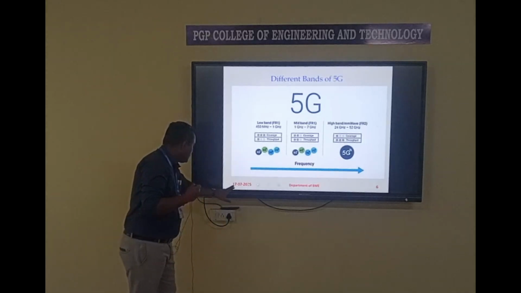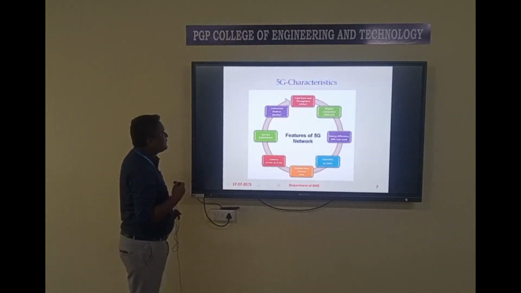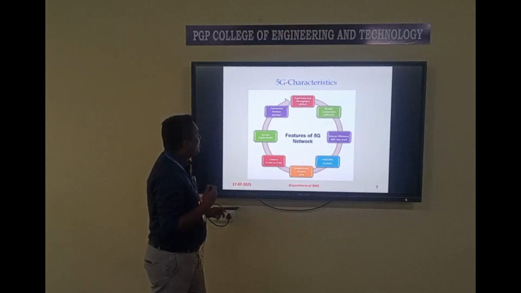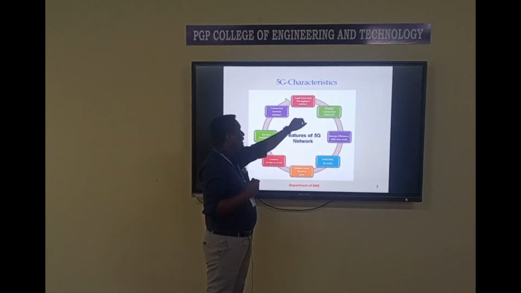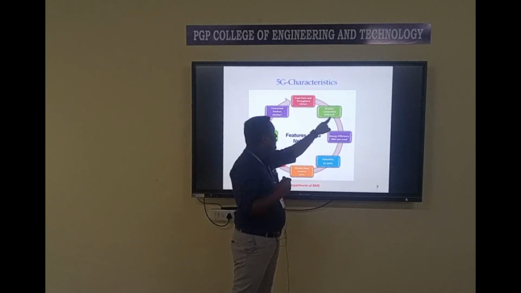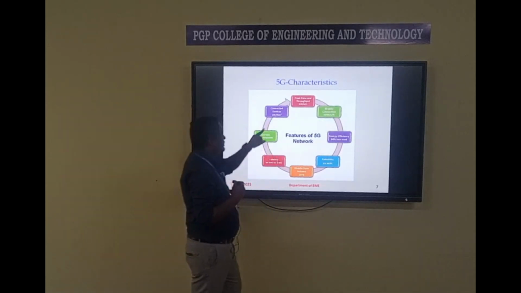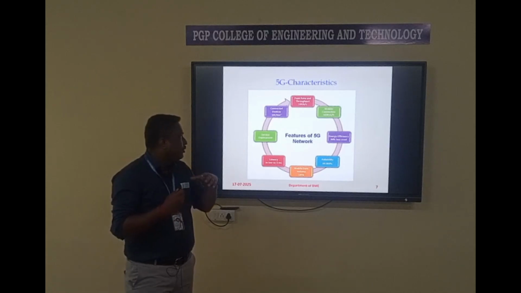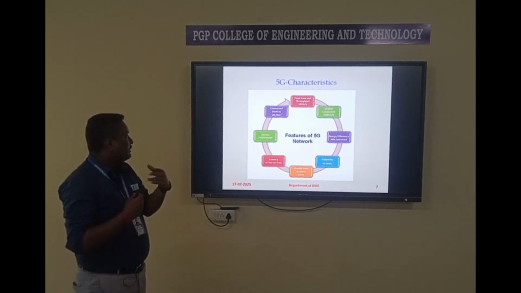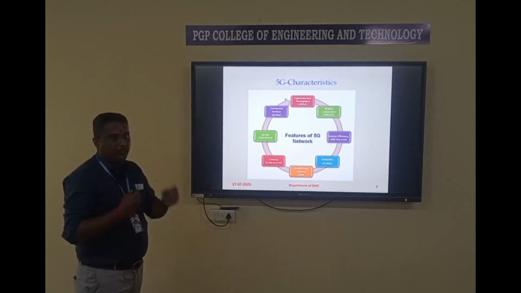The next one is, what are the 5G characteristics? What is the peak rate and throughput? Throughput, in terms of speed, is 10 Gbps. Mobility is 500 km per hour, meaning data stays connected to users while traveling at 500 km per hour.